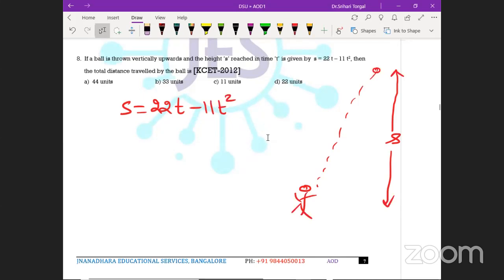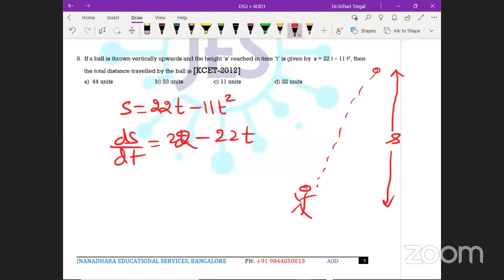Okay. s is equal to 22t minus 11t square. ds by dt is equal to 22 minus 22t. To find the distance, how much it has reached, you have to take that as displacement, that is velocity.